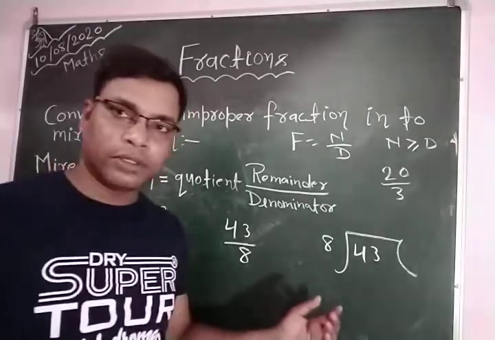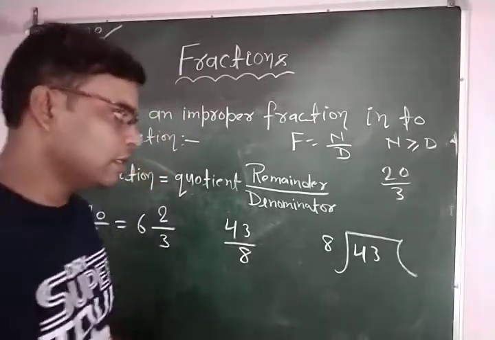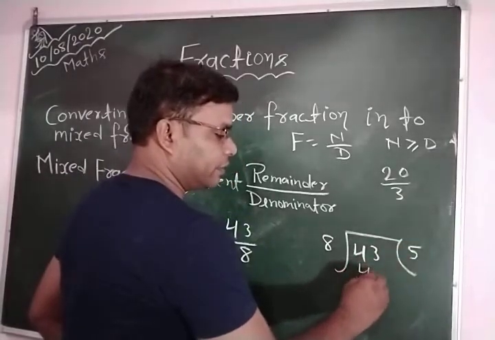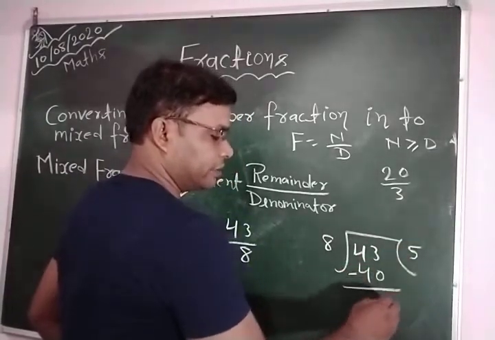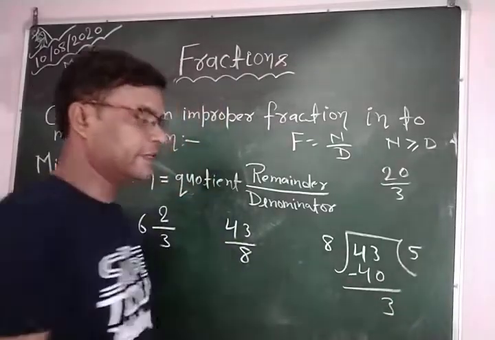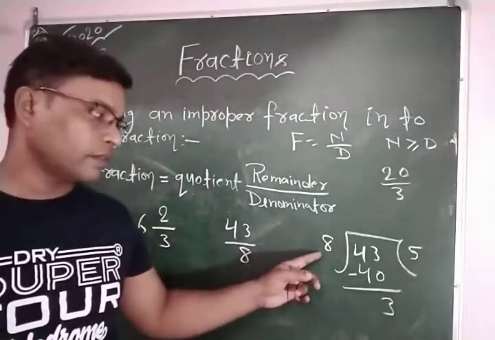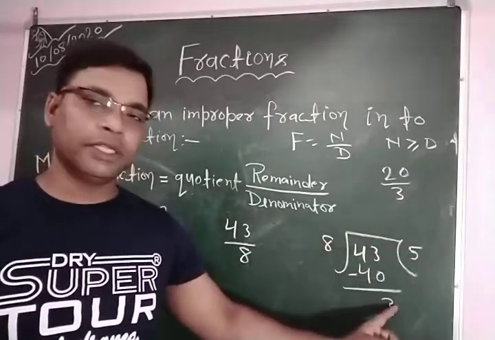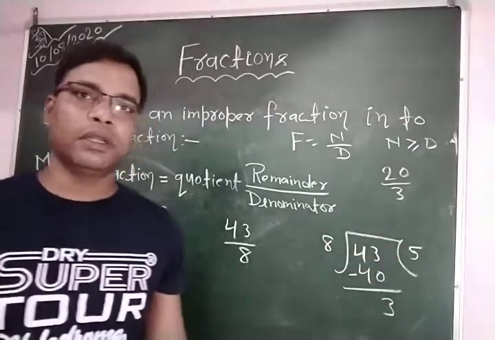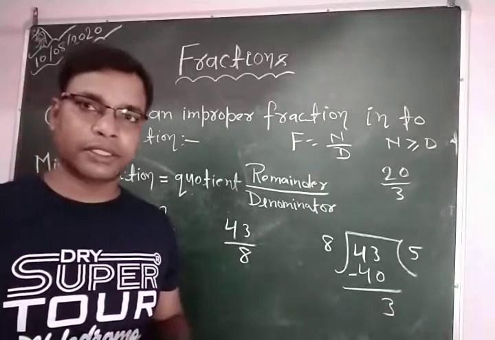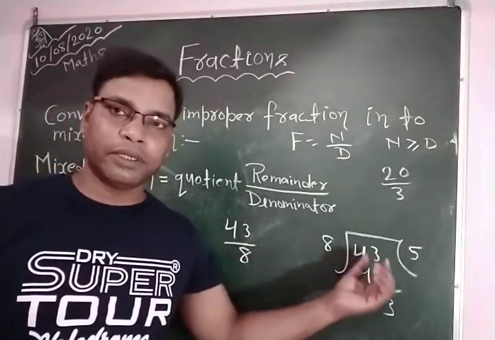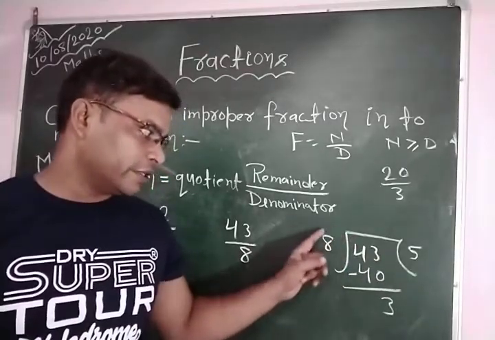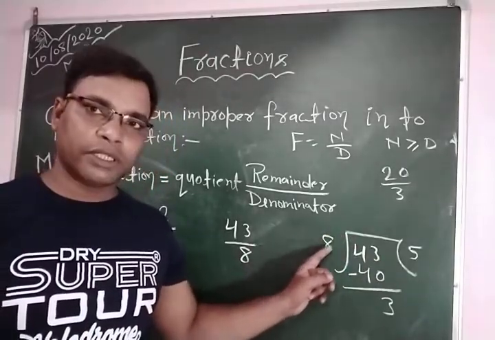How many times does 8 go? 5 times. 8 5s are 40, minus this, we get 3 remainder. Here 8 is the divisor, 5 is quotient, 3 is remainder. You know these terms, no need to discuss extra here: what is remainder, what is quotient, what is dividend, what is divisor.